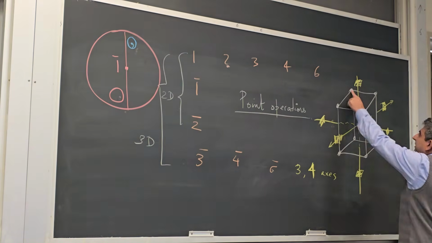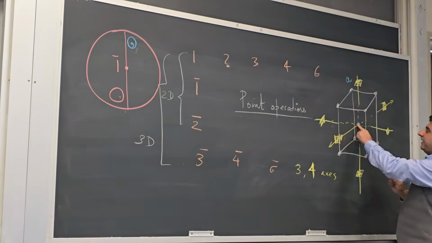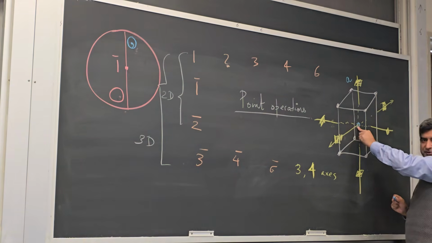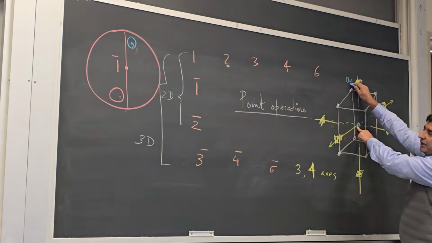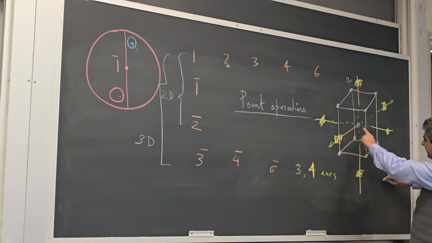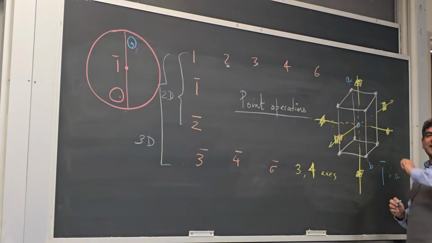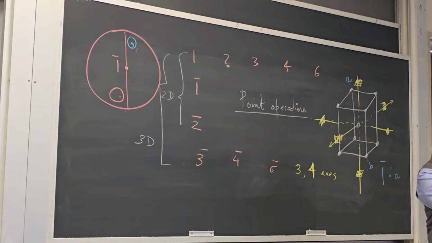So if I consider this point A and I take its inverted image about this center of inversion, which means I do a 1 bar operation on A, I land here at this point B. And there is an identical point here. So this is indeed a center of inversion for the entire cube, which has lattice points at its vertices.